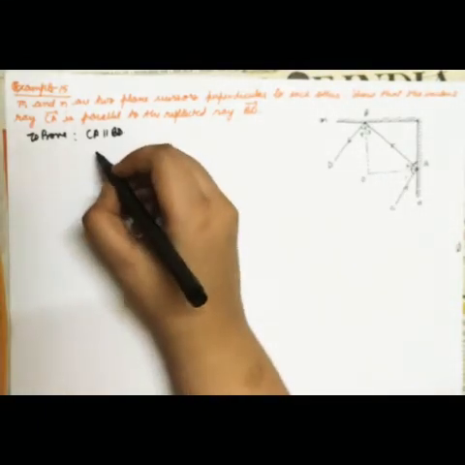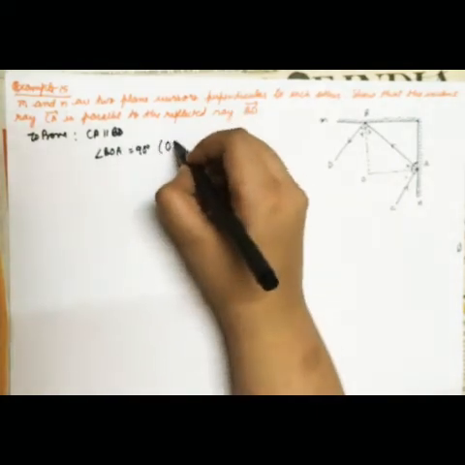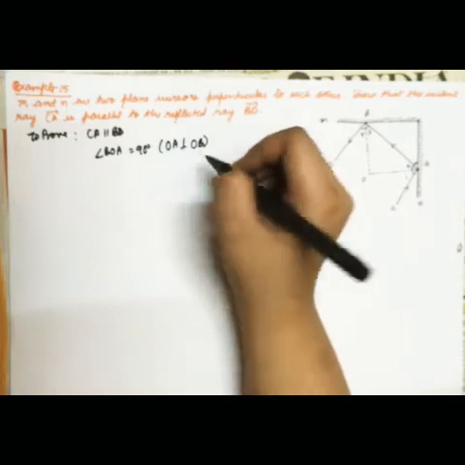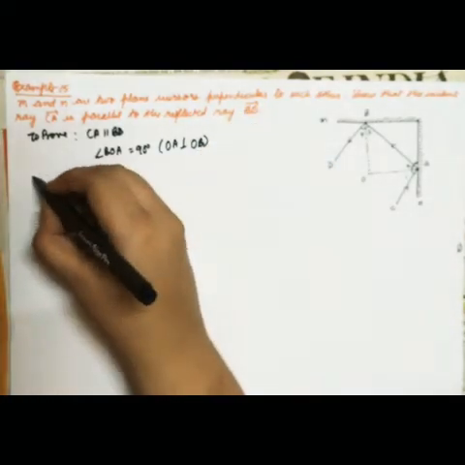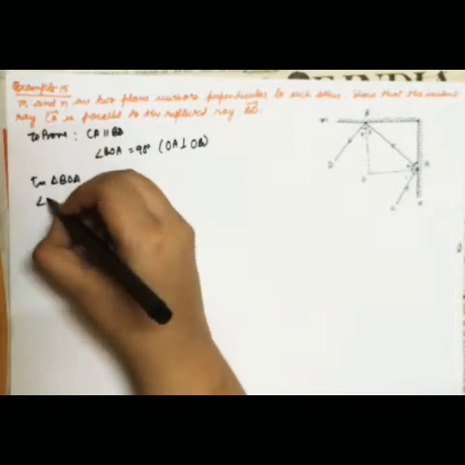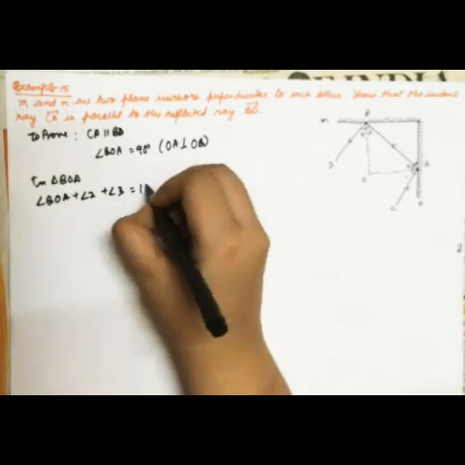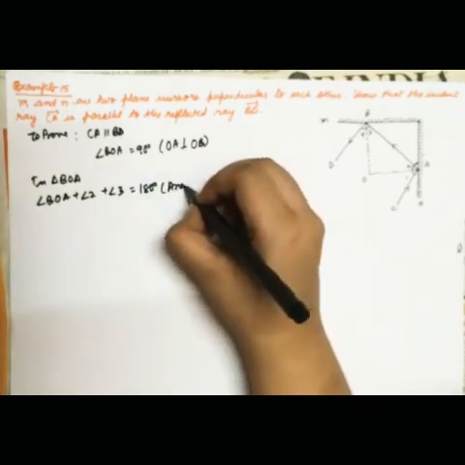So we can say that angle BOA is equal to 90 degrees since OA is perpendicular to OB. Now in triangle BOA we can say that angle BOA plus angle 2 plus angle 3 is equal to 180 degrees because of the angle sum property.